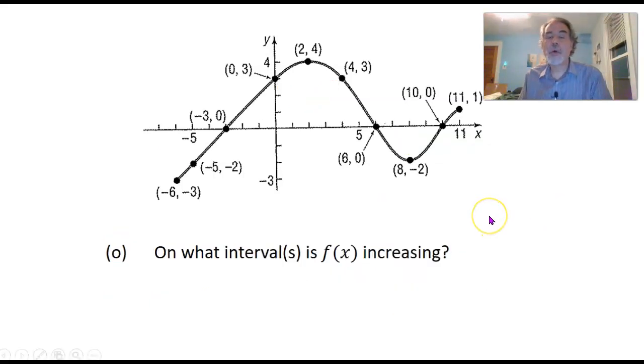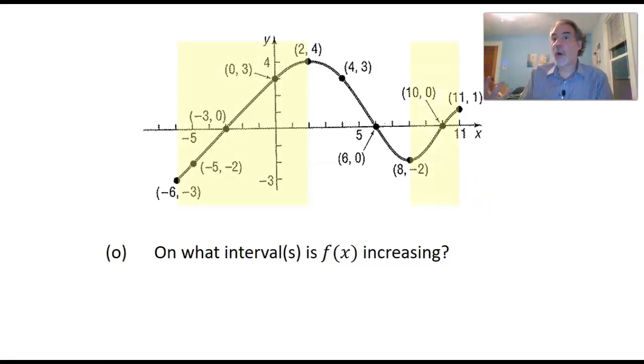On what interval or intervals is this function increasing? So if we go along from left to right, if we ride the roller coaster, part of the time we're going up, and then we come down, and then we come back up, and increasing is when we're going up.